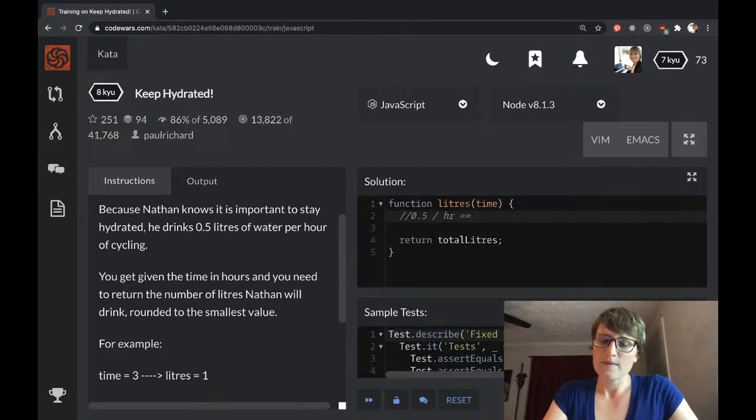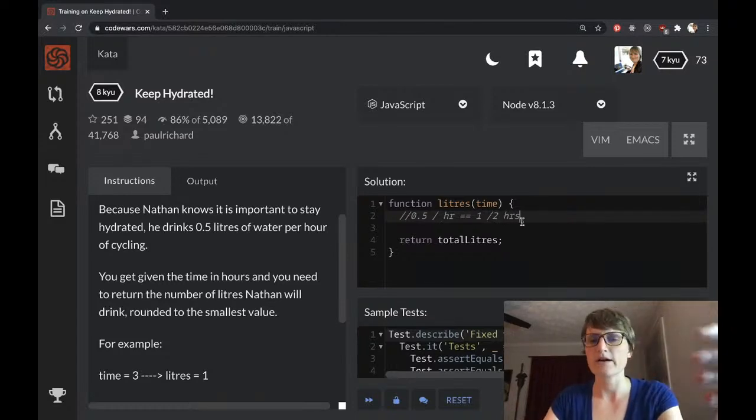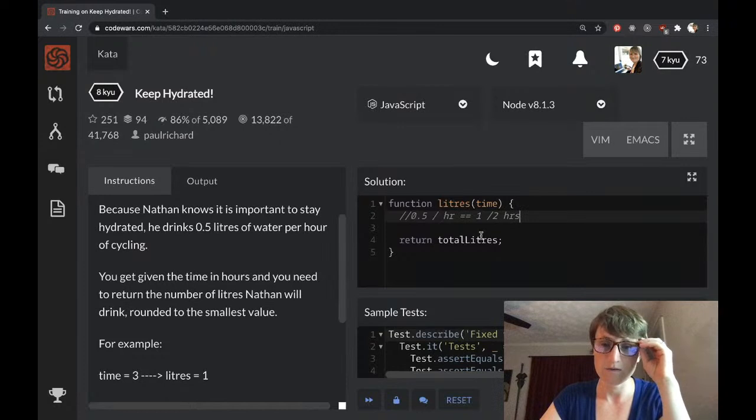Which is the same as 1 per 2 hours. Just to put it out symbolically instead of in words. That looks like 1/2, which actually is what it is because it's 0.5.